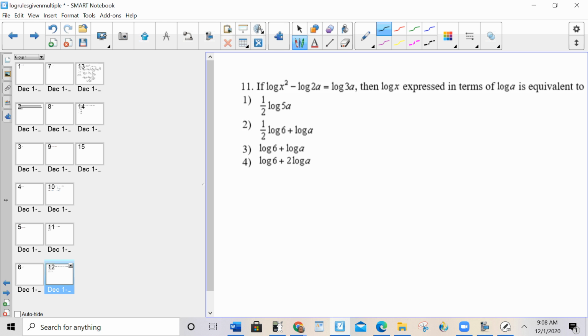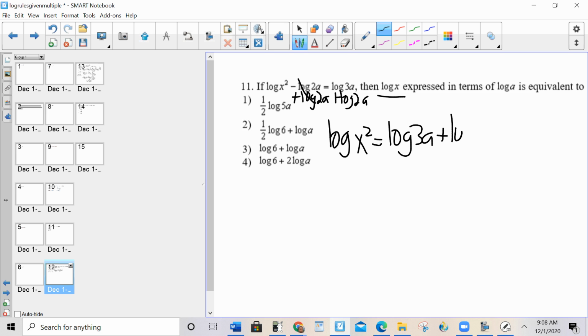All right, so it wants log x. So I need to get log x alone on one side. So I'm going to start by adding log of 2a to both sides. And I get log x squared equals log 3a plus log 2a.